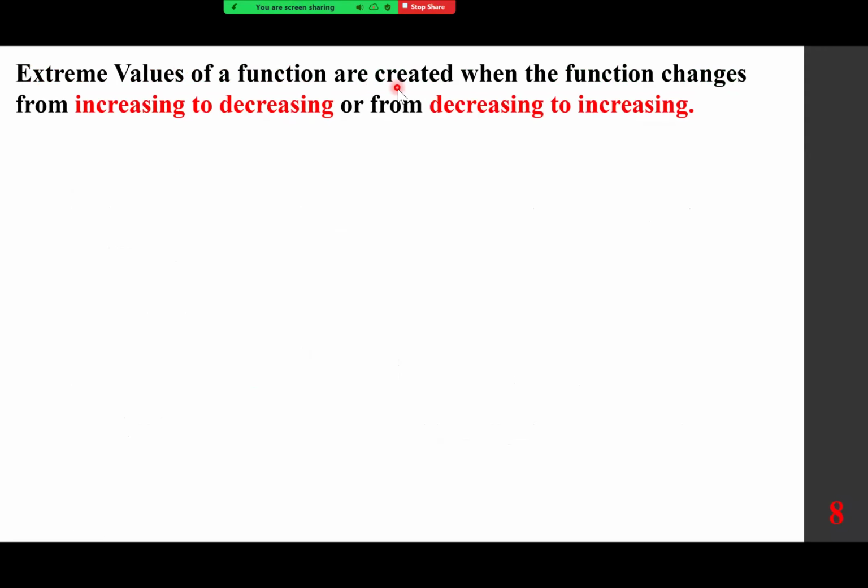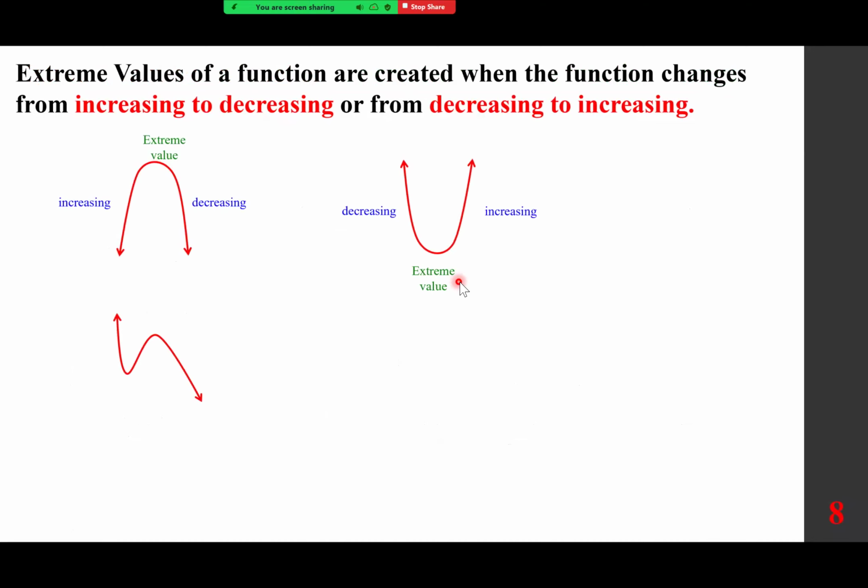Extreme values of the function are created when the function changes from increasing to decreasing or from decreasing to increasing. So in this case, it's increasing, decreasing, and at the top we get the extreme value. In this case, decreasing, increasing. At the bottom we get the extreme value. In this case, decreasing, increasing, decreasing.